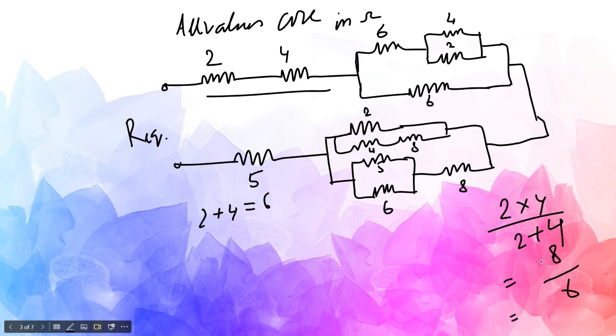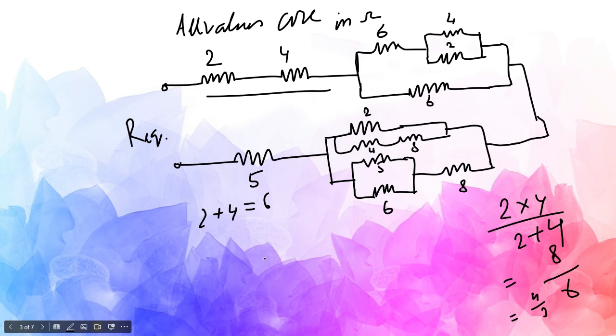So how much is that? 8 by 6 is 4 by 3, so 1.33. Now it is coming in fraction, so let us go with 4 by 3.